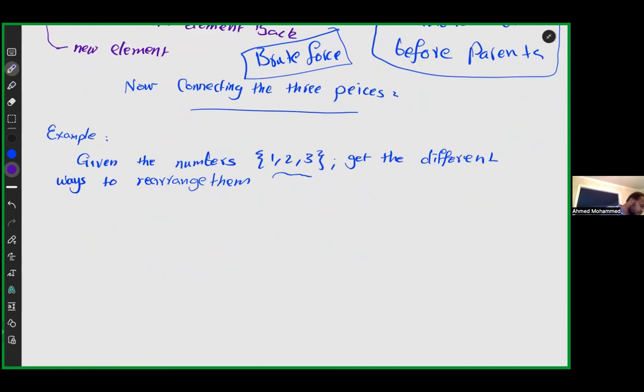For example, first we will have the input that contains the whole numbers, and we have an empty bucket. This is the input, and this is the bucket.